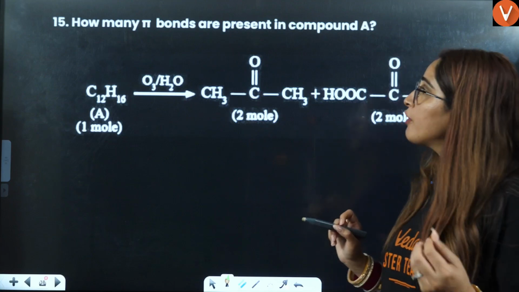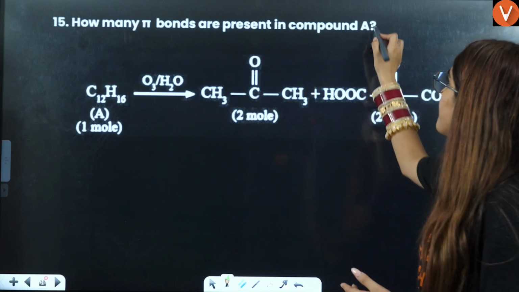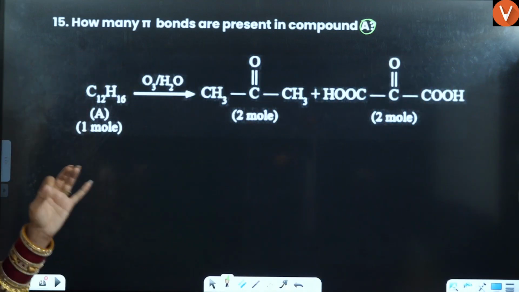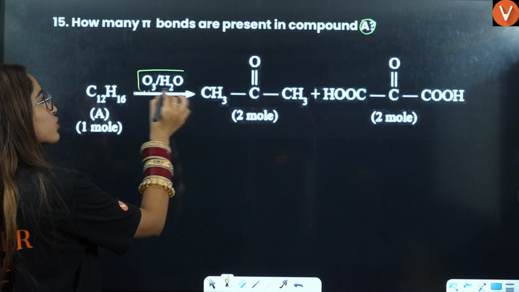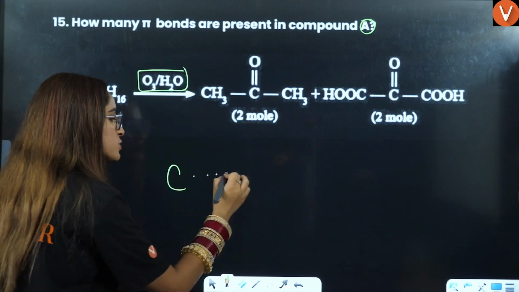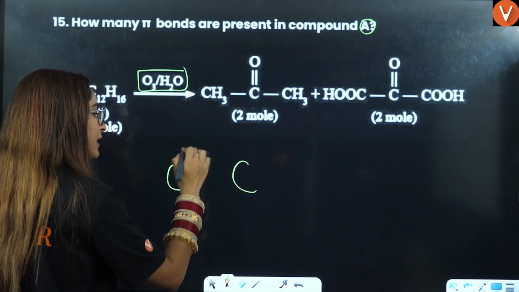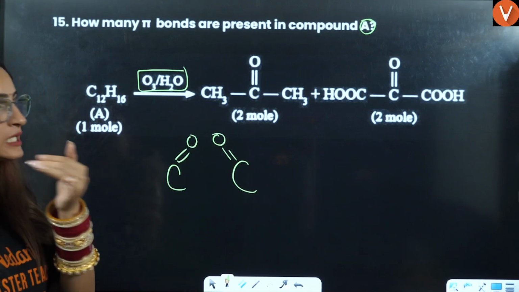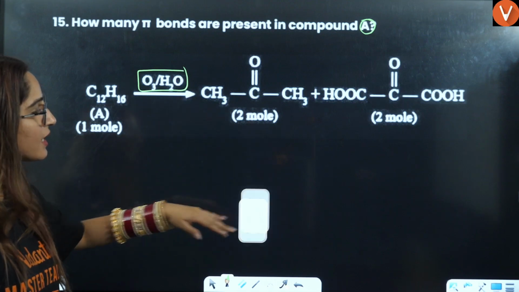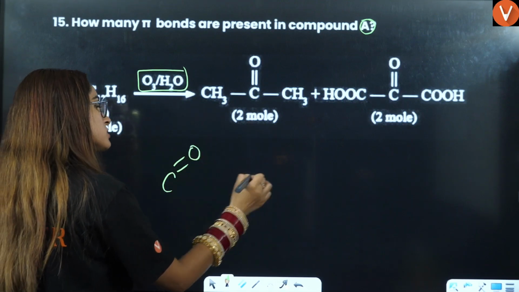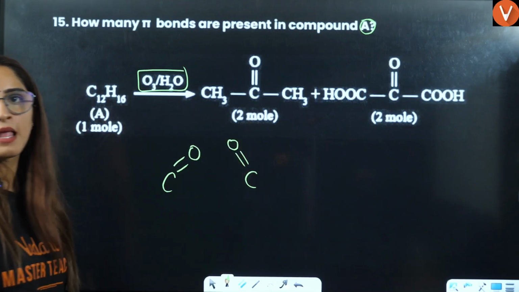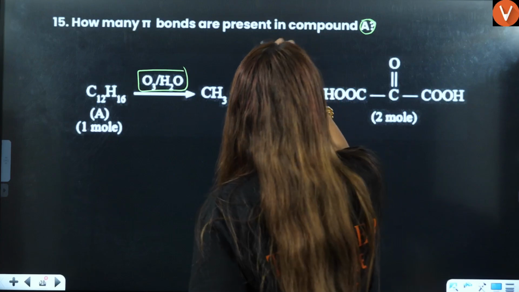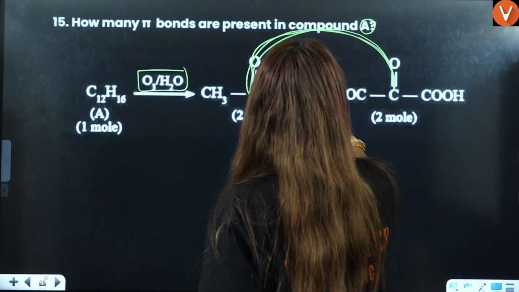Now, next is how many pi bonds are present in compound A. This is compound A. Very important. As you can see, ozonolysis has happened here. Ozonolysis means you will break the double bond and attach a double-bonded O at each end. Now, what you can see here is this is C double bond O, and this is also C double bond O. That means this bond and this bond were made from a double bond.